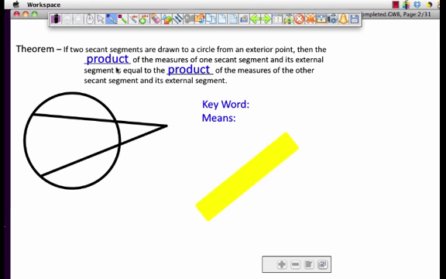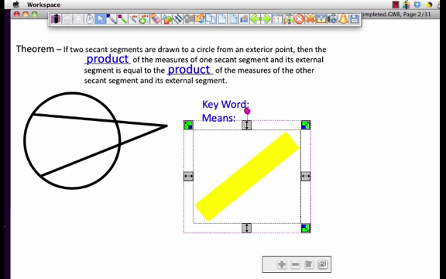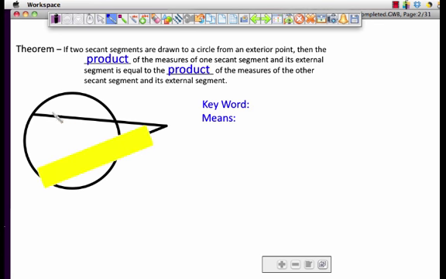The product, we're going to multiply again, of the measures of one secant segment. So let's just focus on one of these segments right here. Just look at the top. The secant segment will be in pink. The segment is the whole thing. Now let's keep reading. Then the product of the measures of one secant segment, that's the pink one, and its external segment.